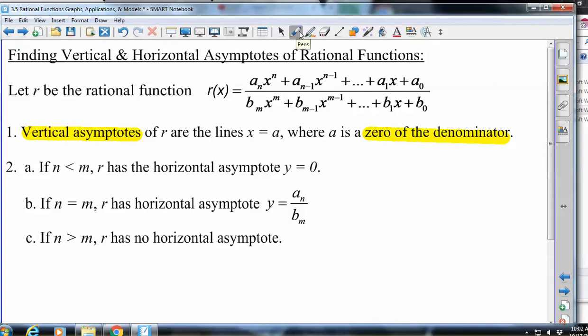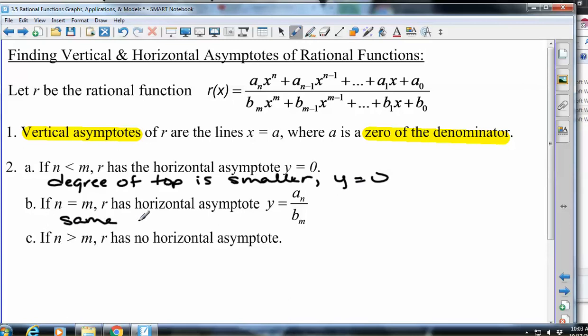For horizontal and oblique, we have rules, and you just have to learn these rules. They have to do with the degree. So what this first rule is saying is if the degree of the top is smaller than the degree on the bottom, it's always going to be y equals 0.